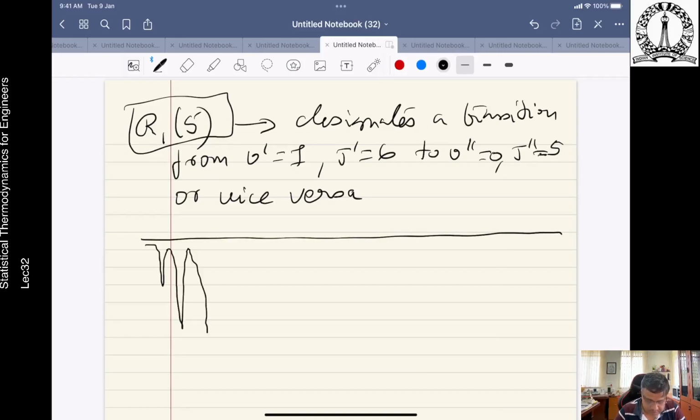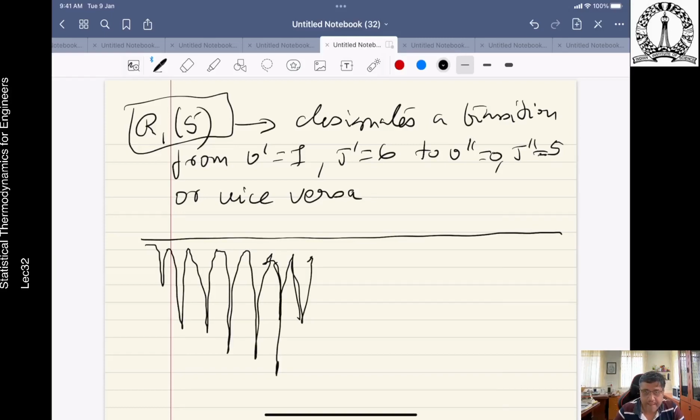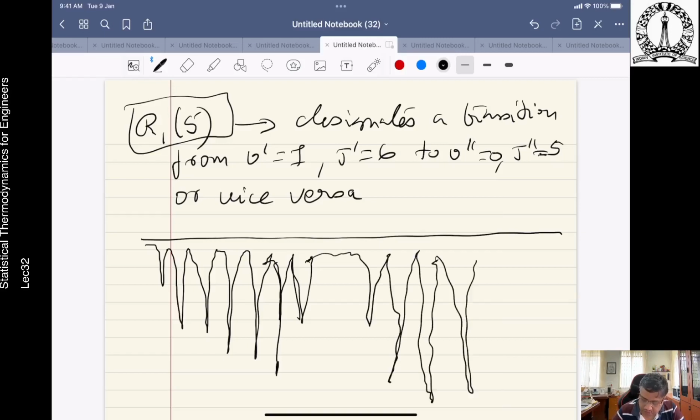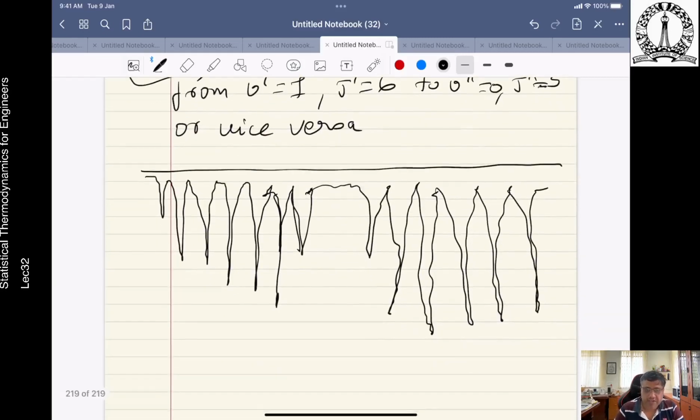It's crudely drawn. These are very sharp lines actually. The little bit of width of the lines we will state later why they are so.